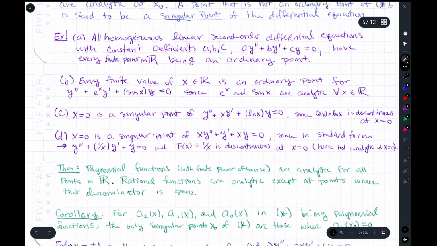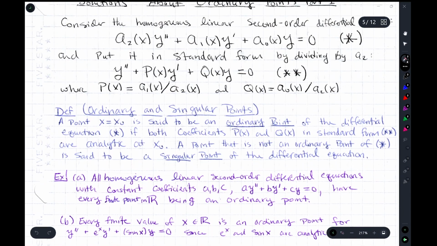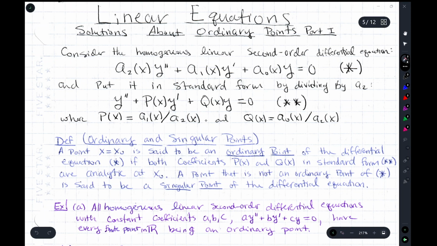So assuming all of these are polynomials, the only singular points, x0, are those where A2 will equal 0. And that's obvious why, because we just finished saying that rational functions are analytic except where their denominator is 0, and if the denominator is 0 in this, you're going to get that P or Q are not analytic at those points, and hence you'll get singular points.